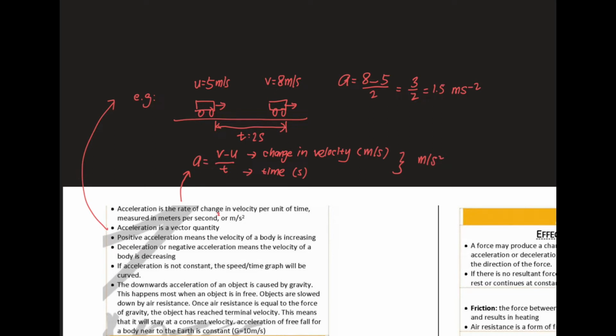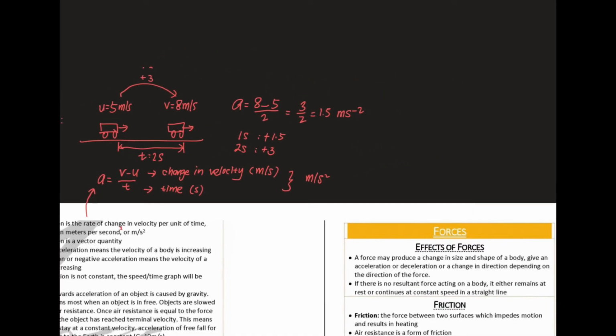You can see here in 1 second it increased 1.5, so in 2 seconds it increased 3. 5 to 8 is an increase of 3. So this is acceleration. It is moving forward and accelerating. So this is the first example, moving forward and accelerate. So we end up with a positive answer.